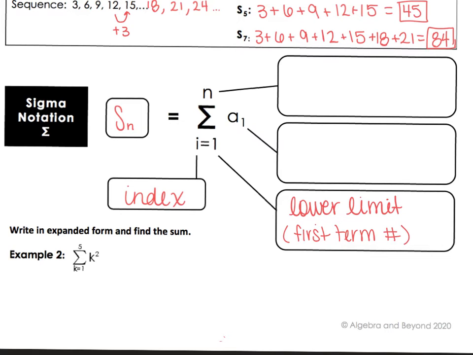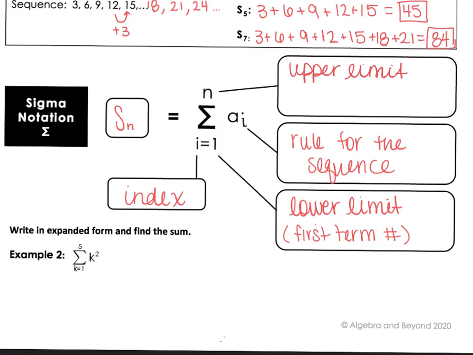In the middle here, I'm going to make a little correction to a typo. This should be A sub I. And in the middle here, we'll be able to say that this is our rule for our sequence. And then the last thing that we can point out is this value that's on top of our sigma, and that's an n, and that's going to be our upper limit.